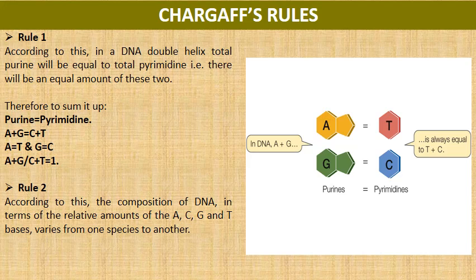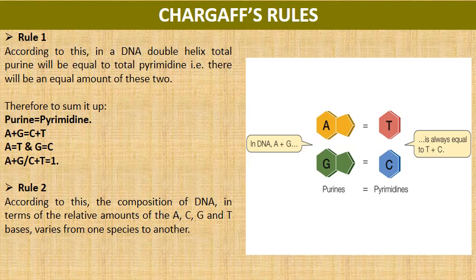Therefore, to sum up the first rule, purine equals pyrimidine: A plus G equals C plus T. Also, the amount of A equals T and G equals C due to the complementary nature of DNA, and A plus G upon C plus T, that is purine upon pyrimidine, equals 1.